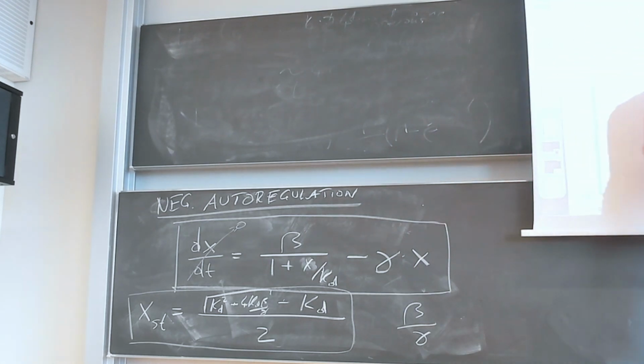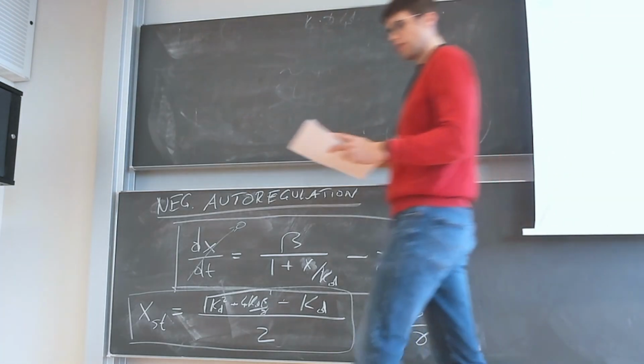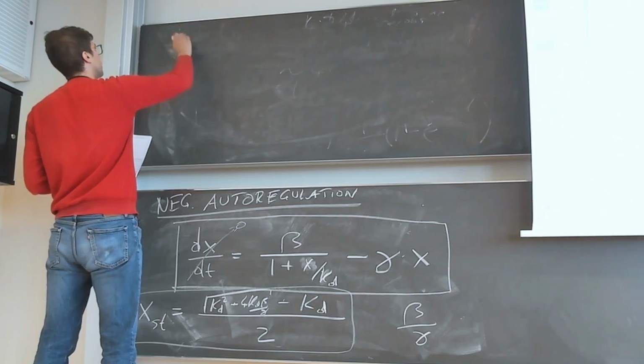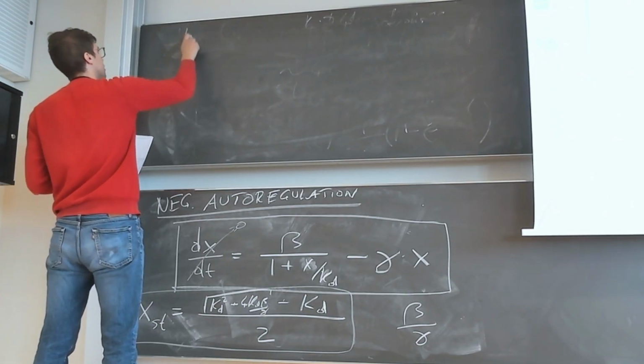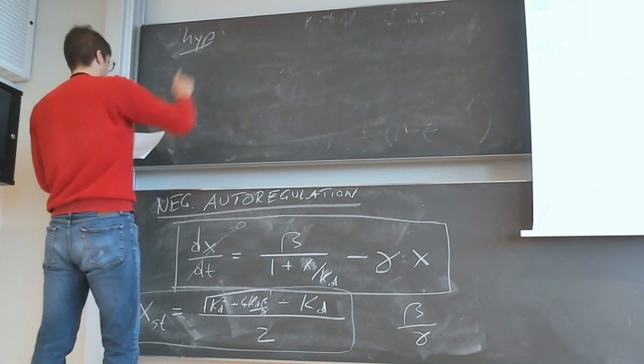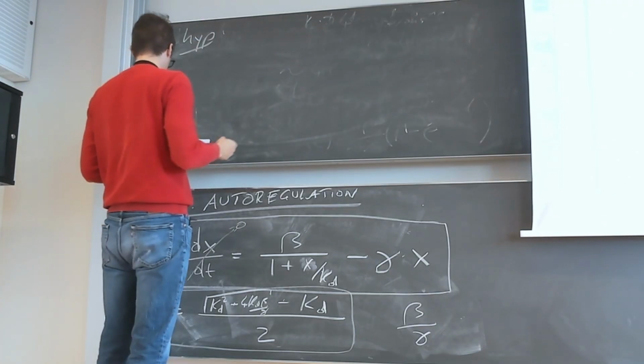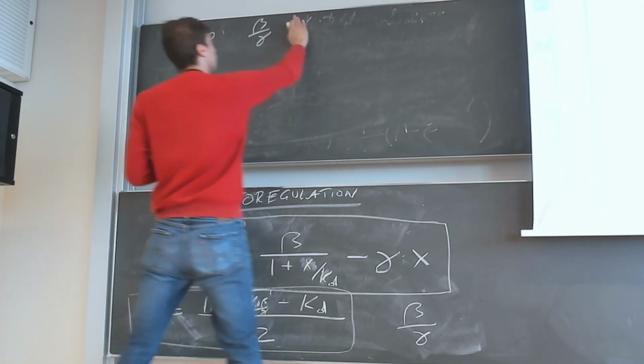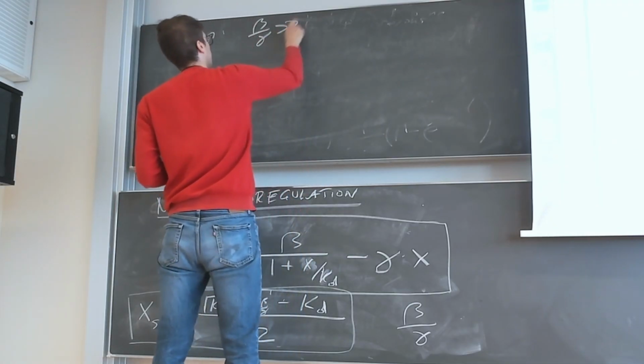So you can, just by adding autoregulation on your gene, speed up the relative expression rate of your system. Okay. So let's make the hypothesis that beta over gamma is much higher than kd.